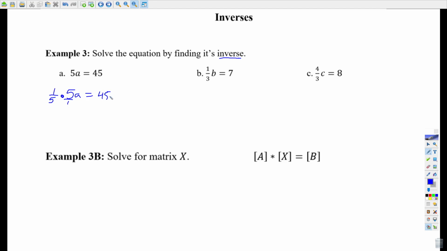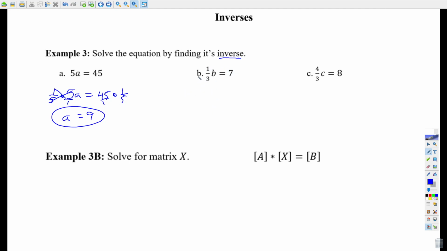If you do that on one side and on the other side, the two combine with multiplication, cross out, and you just get 1, or just a. On this side, you do the multiplication as well, which gives you 45 over 5, which is 9. So rather than dividing, you can think about it as multiplying by its inverse. In this case, we talk about the reciprocal.